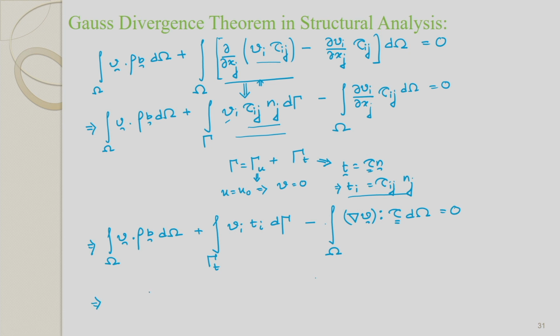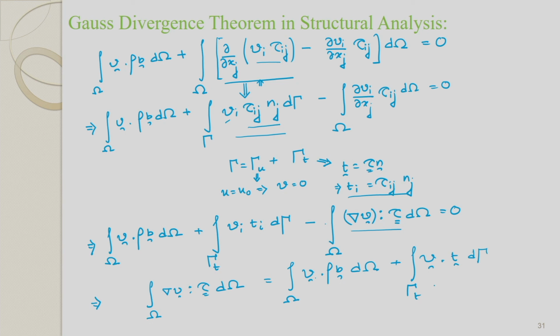Now if we rearrange the terms, we keep this term on one side. This double dot is the inner product between two second order tensors. This is the body force term and this is your traction vector on gamma t.